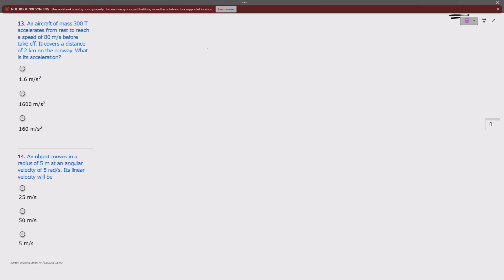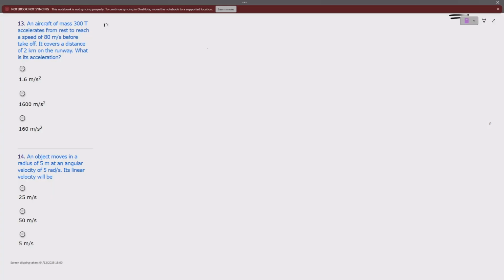This on the runway, what is acceleration? So first of all, we have to list the parameters the question has given us. Then secondly, we try to figure out which formula we are going to use. You might probably use Newton's laws of motion or Newton's formulas. So let's go straight into it.